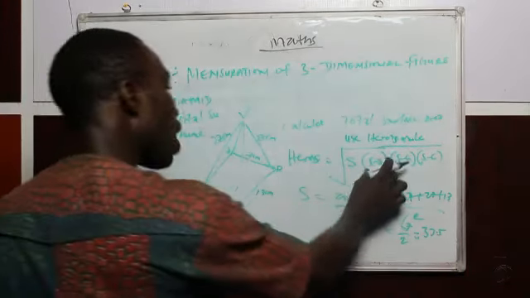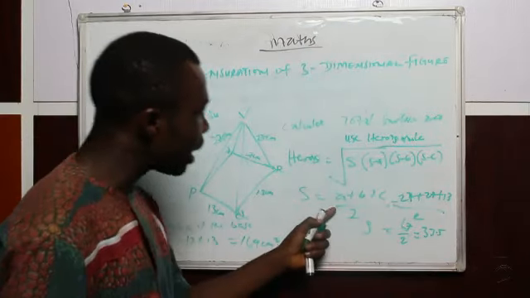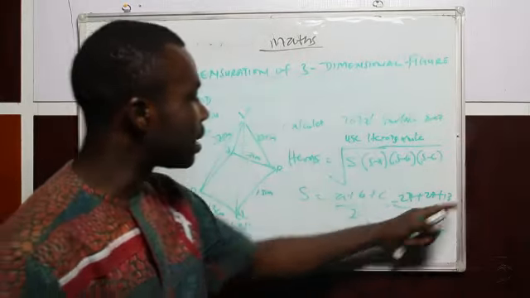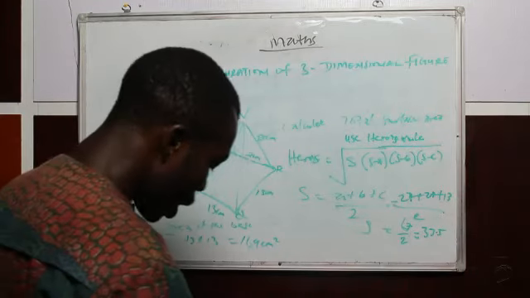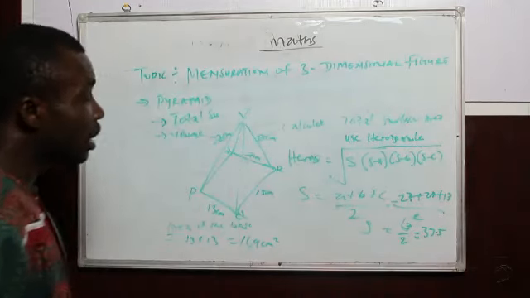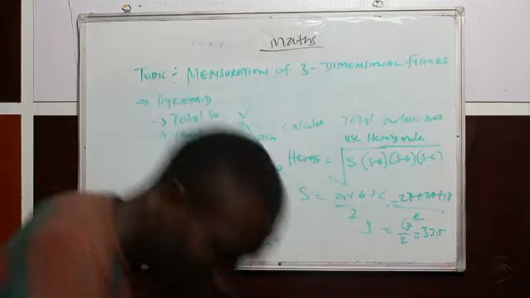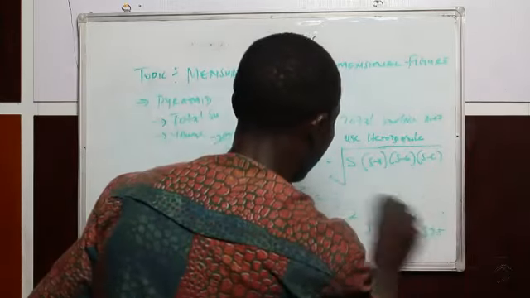Now we know our x, we can substitute it into each of the following, knowing fully well that our a is 27, our b is 27, and our c is 13. Use Heron's rule because the sides are given. If the sides were not given, then we begin to use Pythagoras theorem. But the sides have been given. Therefore, we substitute our values.